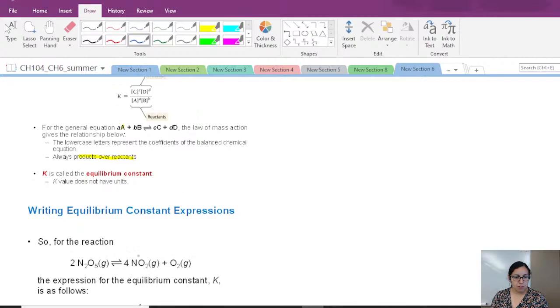Right, so it's just following this. It said products over reactants. So NO2, and usually you put it in brackets because it signifies molarity or some sort of quantity. Then raise that to the fourth, because it has a 4 there, times our other product, O2, raised to the 1, but obviously you don't have to write it.